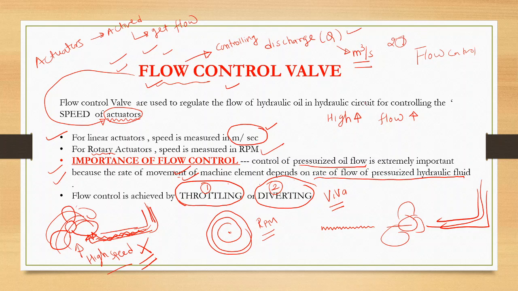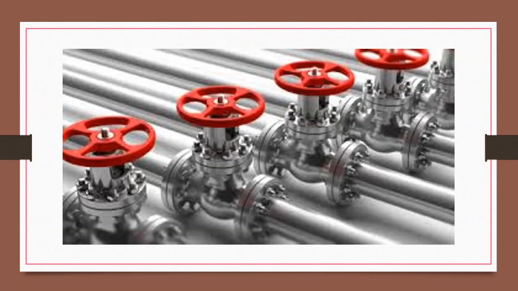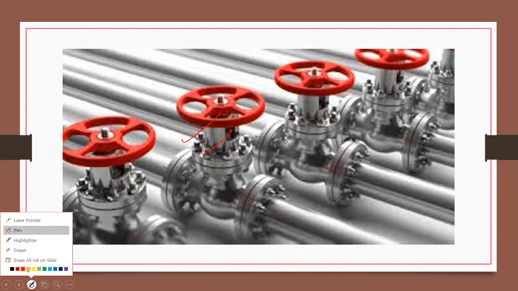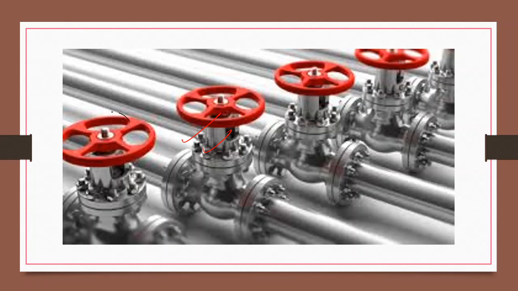Now let me show you the valves that we use mostly for controlling the flow. You can see this diagram on your screen. Let me change the color of the pen. This is the valve, and this is the pipeline. Suppose water is flowing from this end and moving towards this end.